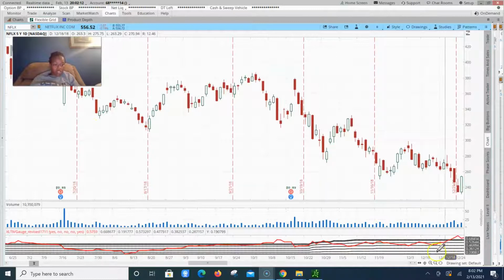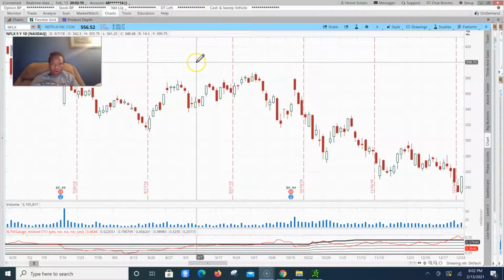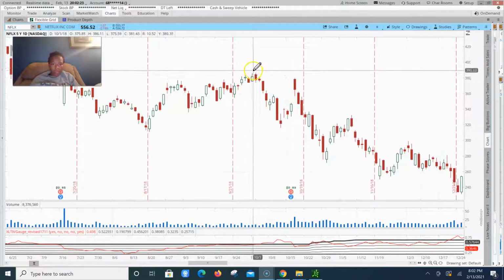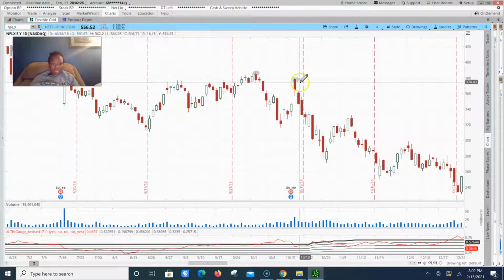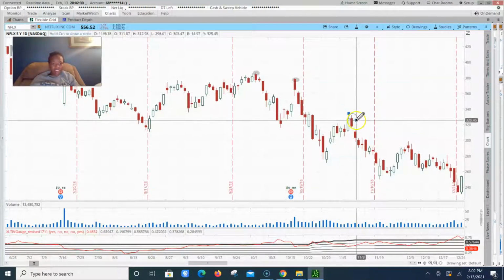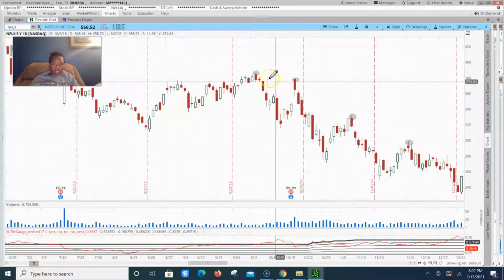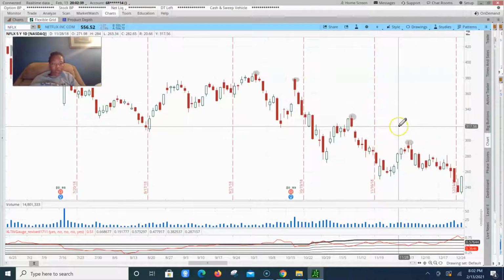So what I want you to pay attention to right here, we're going to start at this top right here, or we could start at here. So right here, we're going to start right here. If you pay attention, you will notice one thing is that these highs are getting lower and lower. So to identify a downtrend, you have lower highs.